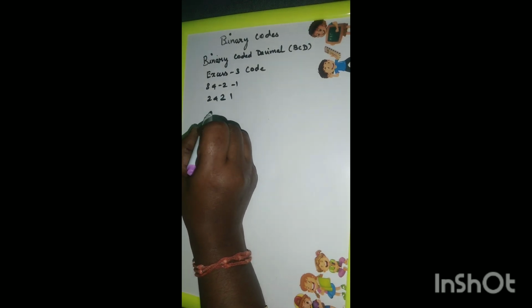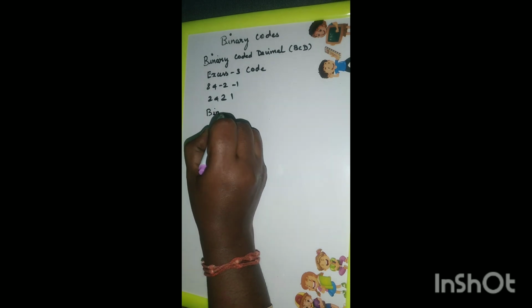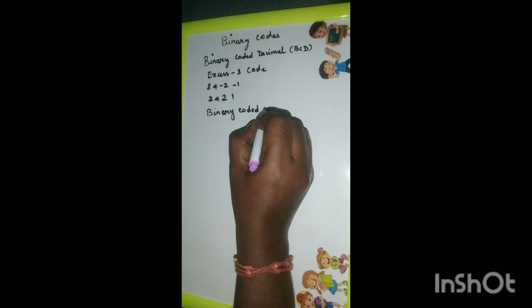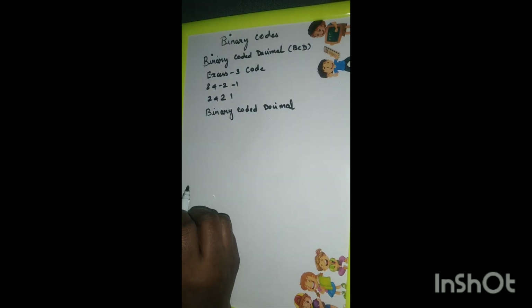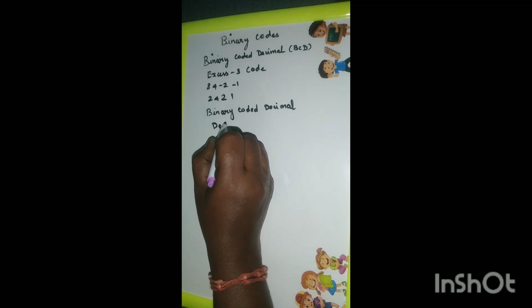First we will see binary coded decimal, that is BCD. Binary coded decimal is a 4-digit number.